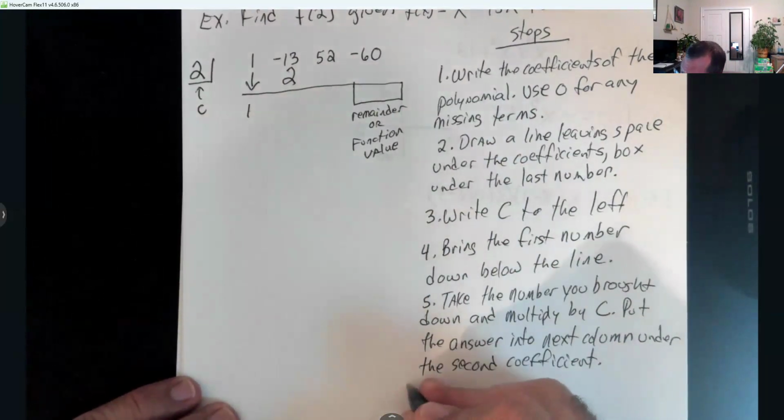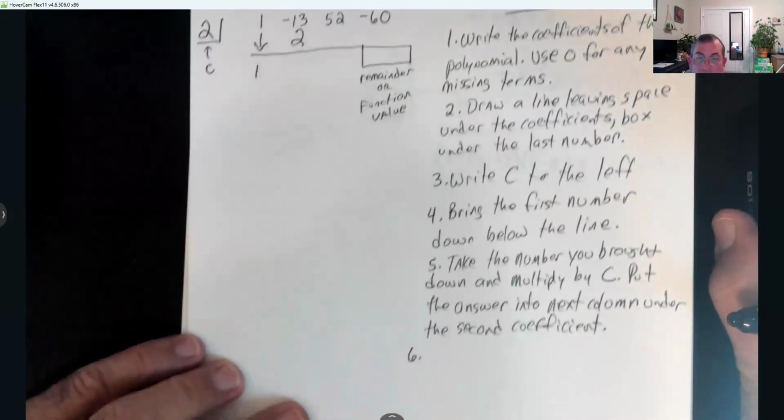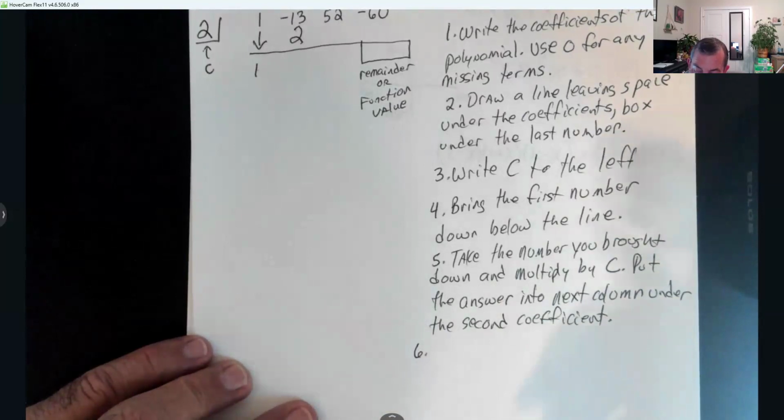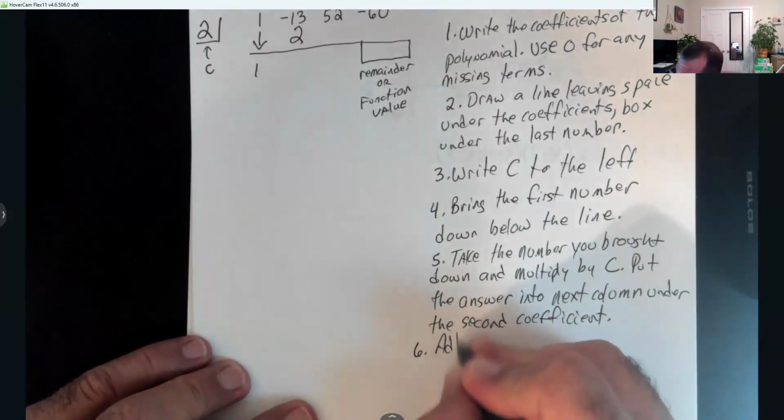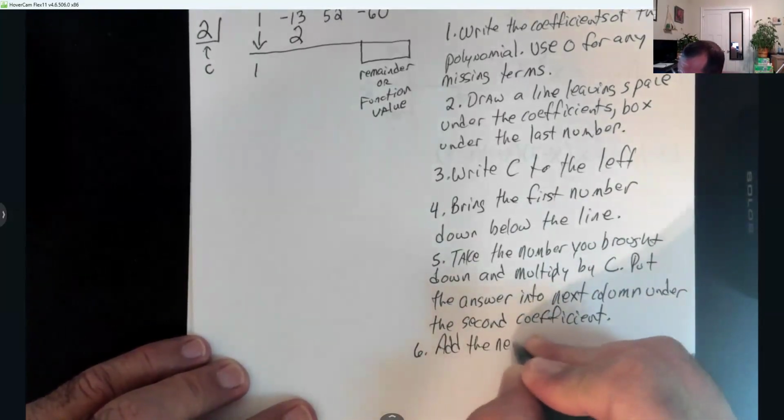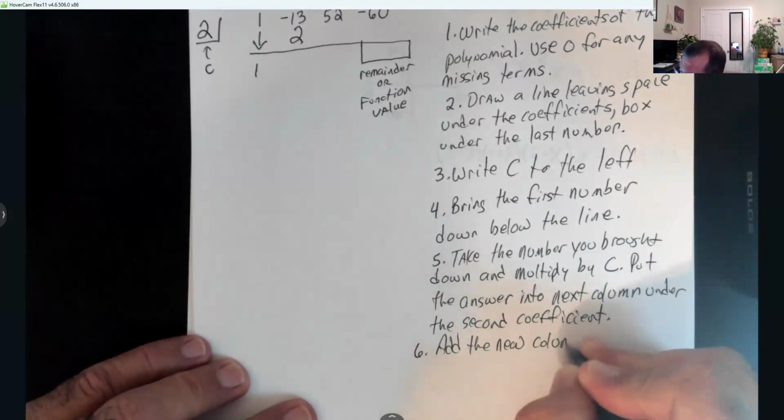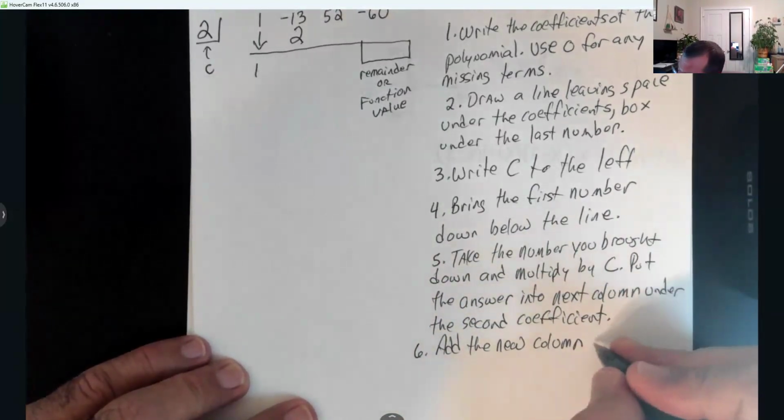All right, y'all, the next step: add the new column and write the answer below the line.